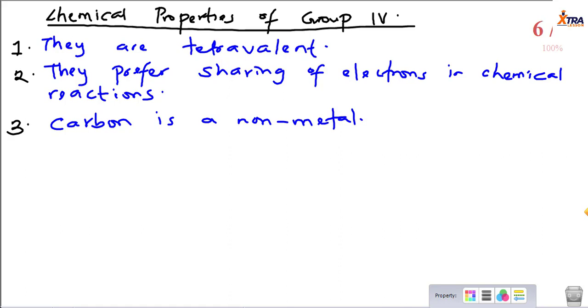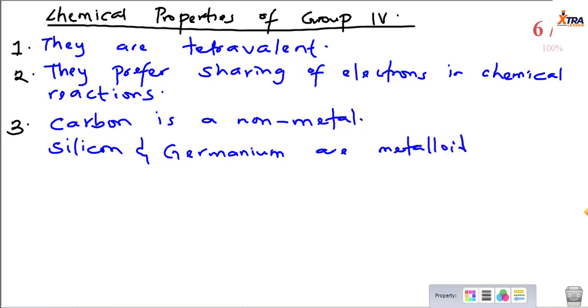Silicon and germanium are metalloids, while tin and lead are metals. So you see what we said in the previous lecture, that members found at the bottom of the periodic table tend to be more metallic than those at the upper parts of the same group. Alright? So that's another factor.